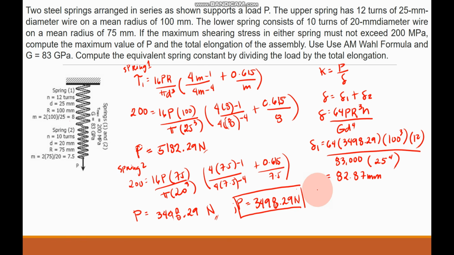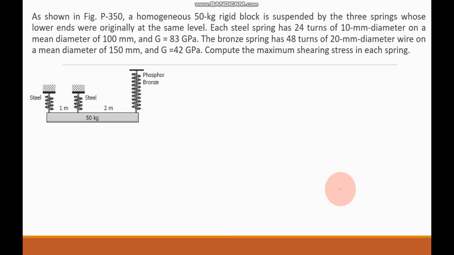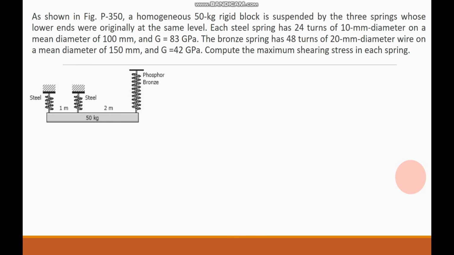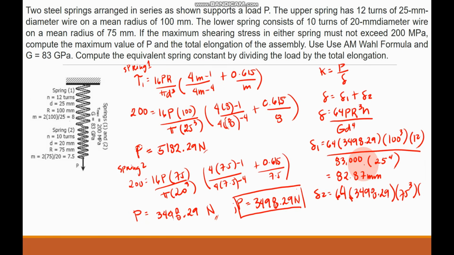And then for the deformation 2, it will be 64, and then our P is 3,498.29. R is 75 raised to 3 multiplied by the number of turns, which is only 10. Only 10 turns for our spring 2.